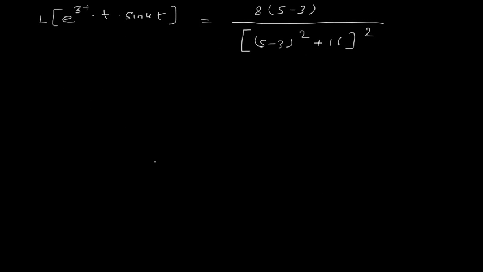So if I simplify the denominator, I will get 8 into s minus 3 upon, here it is s square minus 6s plus 9 plus 16 is 25, so plus 25 the whole square.